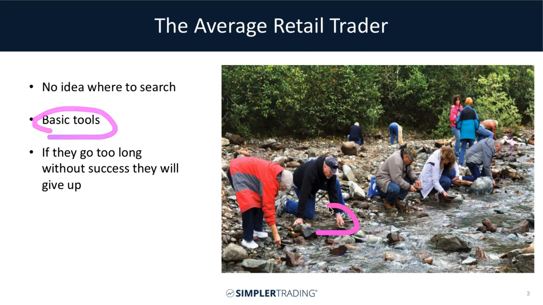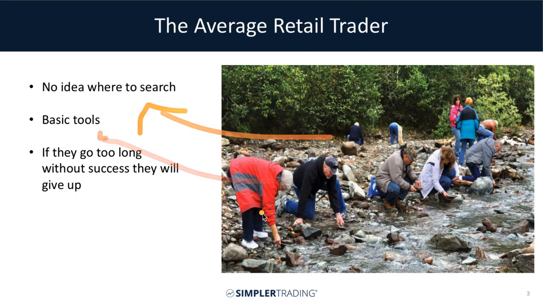Again, the old pan in the water. And the key thing that separates those who stick around and those who don't: if they go too long without finding a little bit of gold, they will give up. They'll say, it's not for me, too hard, not for me. The thing is, they were using basic tools and they had no idea where to search. So the odds of finding gold are just based on luck, essentially.